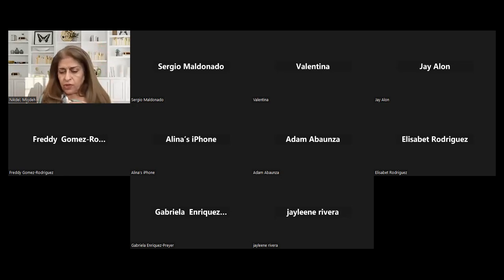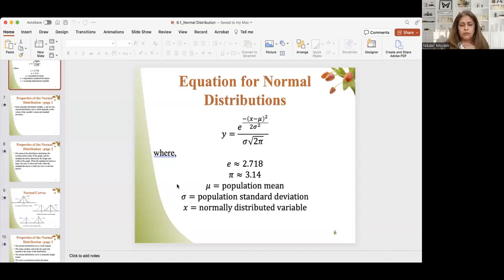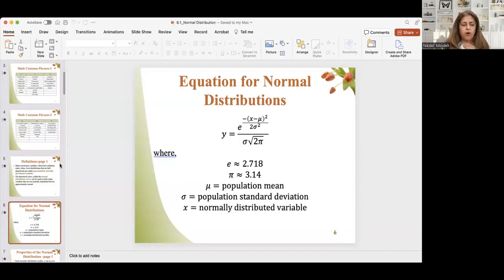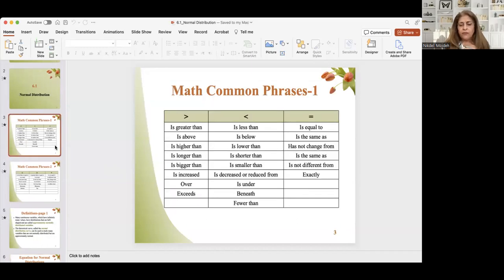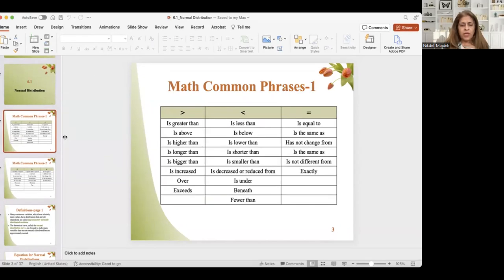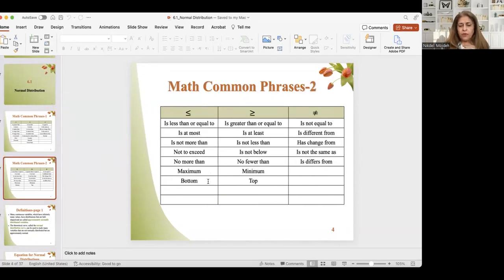If you don't have any questions, I would like to go back and ask if there are any questions on finding area under the bell-shaped curve, which was 6.1. By the way, look at these symbols that we looked at here.